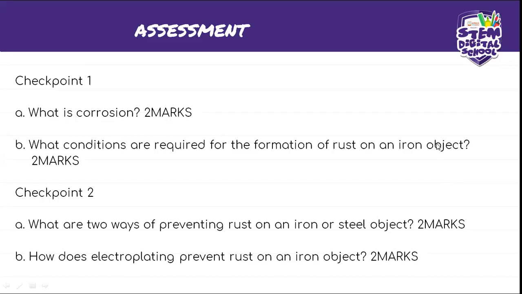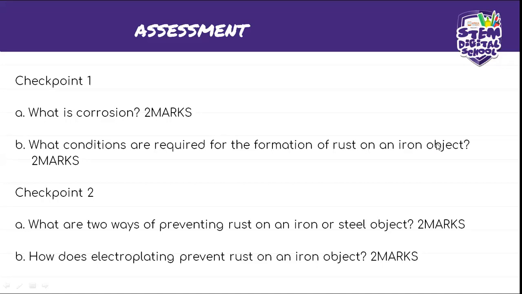All right. So I want to share what Cleo did. He says, 1A, corrosion is the gradual process which breaks down a material through a series of chemical reactions. Now, that is correct. And what conditions are required? We have oxygen and water. And then 2, what are the 2 ways of preventing rust on an iron or metal sheet?